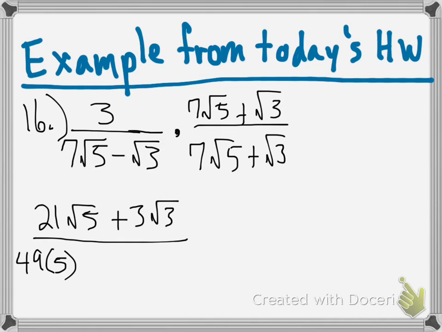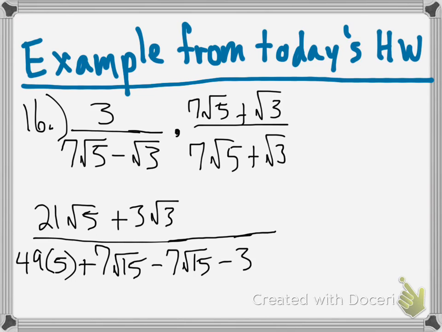7 square root of 5 times the negative square root of 3 gives me negative 7 square root of 15. Square root of 3 times 7 square root of 5 gives me positive 7 square root of 15. And then the square root of 3 times negative square root of 3 gives me negative 3.